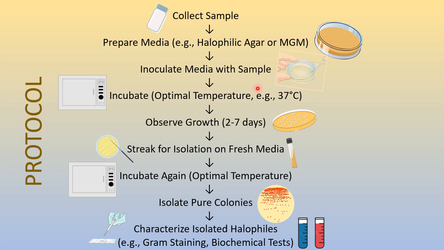If it is soil, then yes, you have to do serial dilution and then you need to inoculate your media with the sample. Then you incubate that at optimal conditions, say 37 degrees Celsius, and you observe the growth for say 2 to 7 days, because this is an extreme environment that we are creating here. We are trying to mimic this extreme environment in our lab.